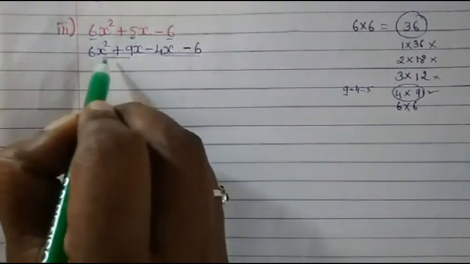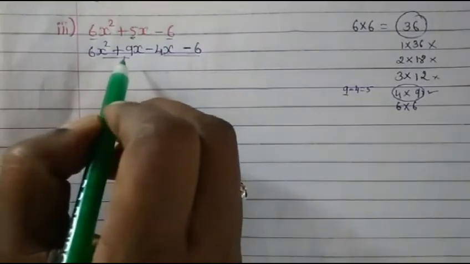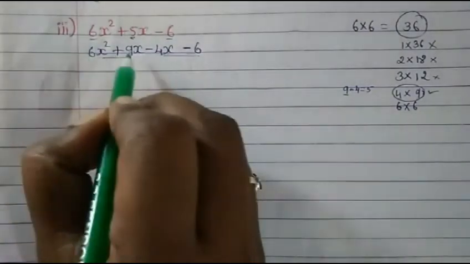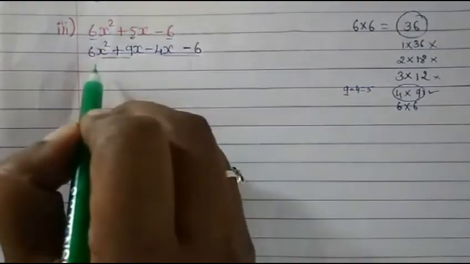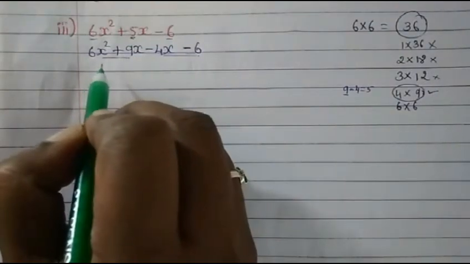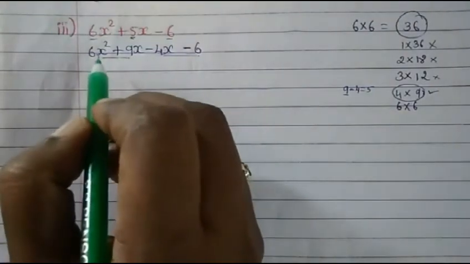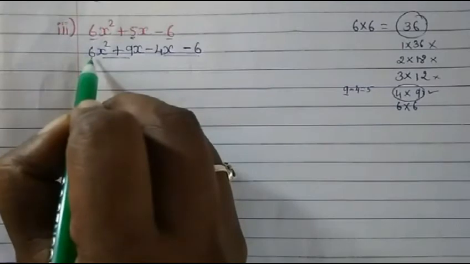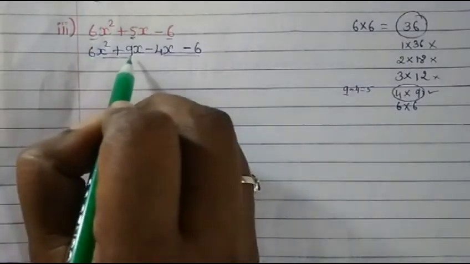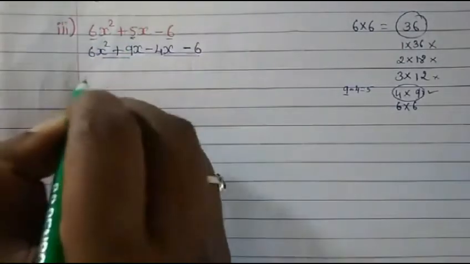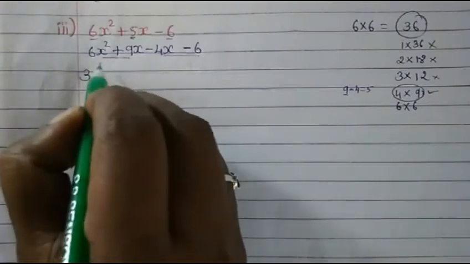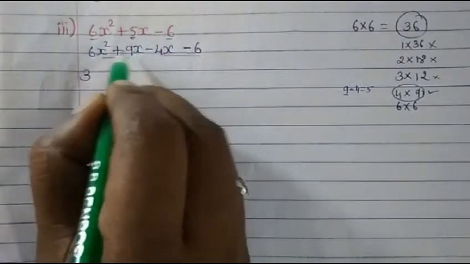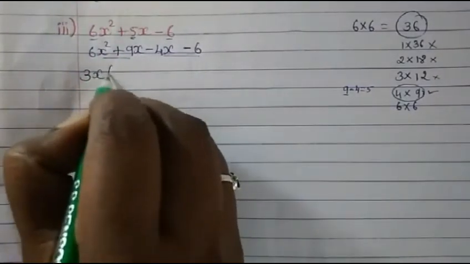Let's take out something common, or find out which table will completely divide 6 and 9. In which table will we get the complete division? With 3 you can divide 6, and with 3 you can divide 9 also. So let's take out 3. Now x square is there, x is there, so x we will take out common.